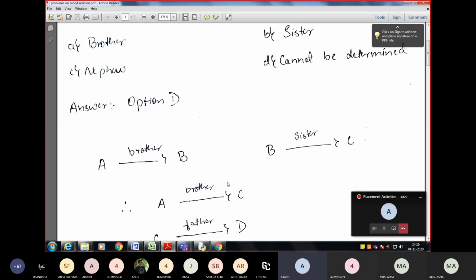Here they have asked how D is related to A. Then D becomes a nephew or niece for A, as D is son or daughter of C. Here the gender of D is not mentioned properly, so we have to go for the fourth option, that is cannot be determined. Next question, ma'am.